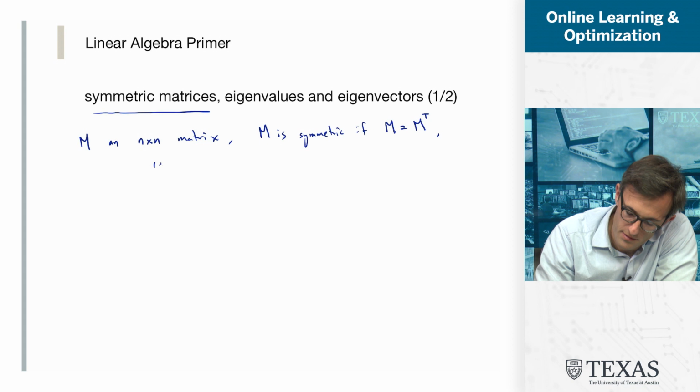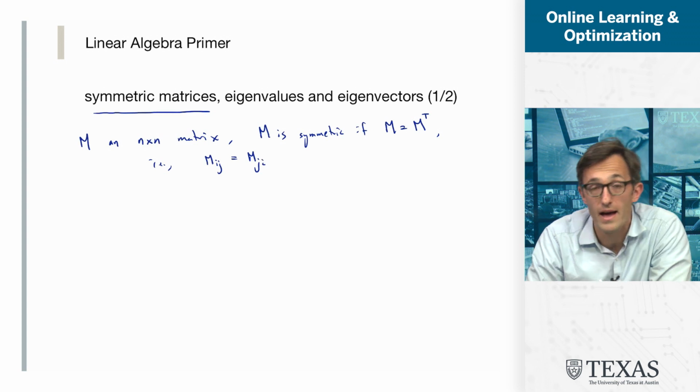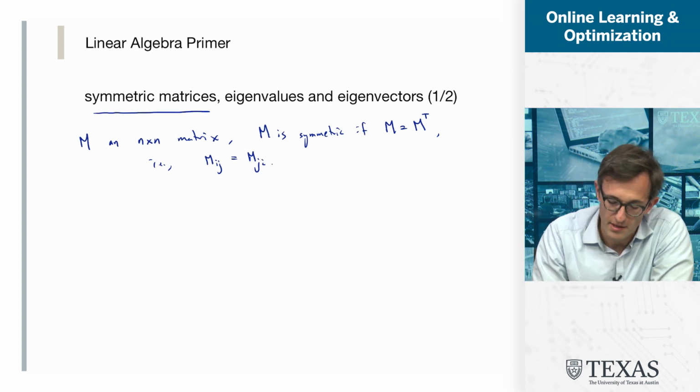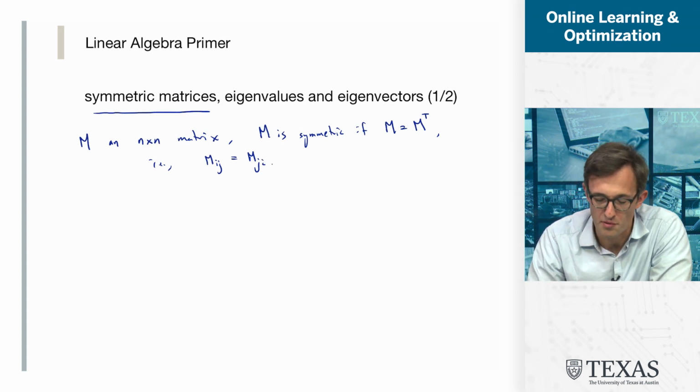In other words, if the ij-th element of M is also equal to the ji-th element of M. Symmetric matrices have some very important properties.